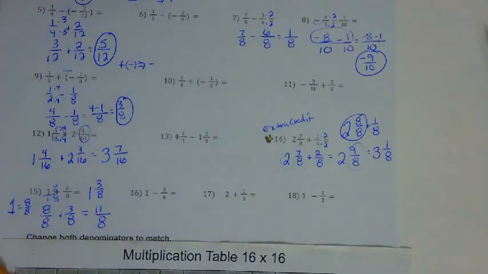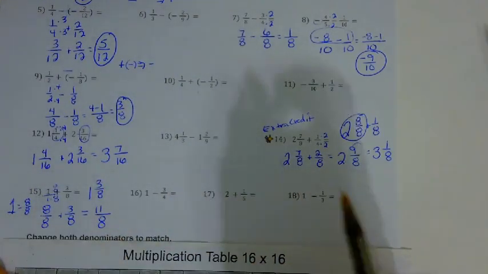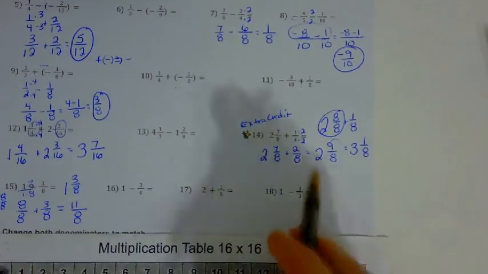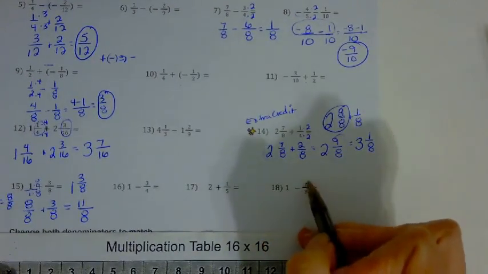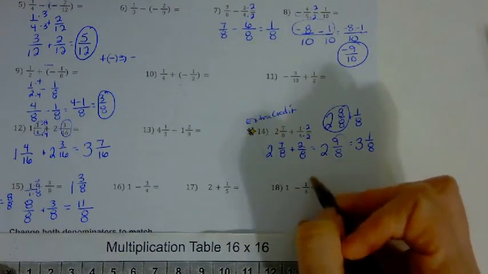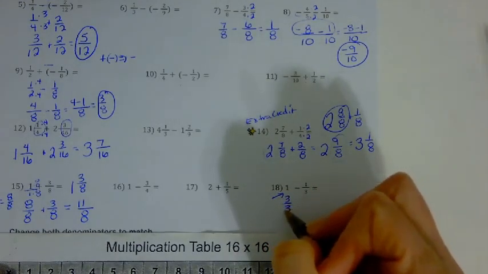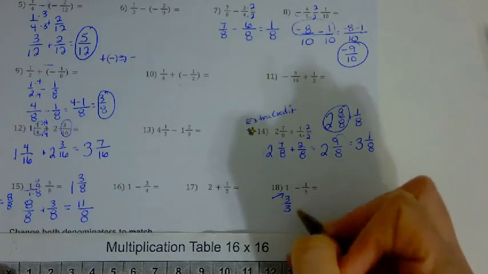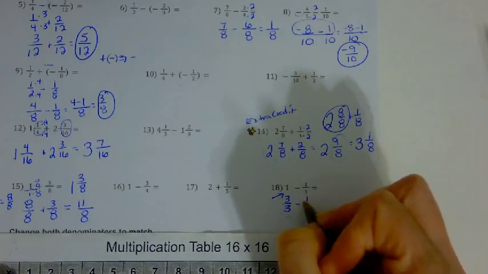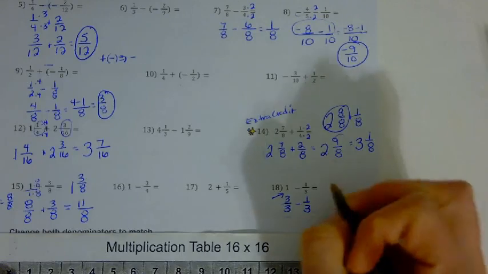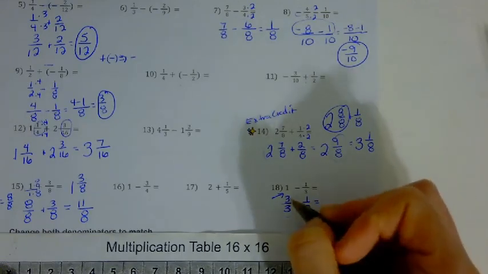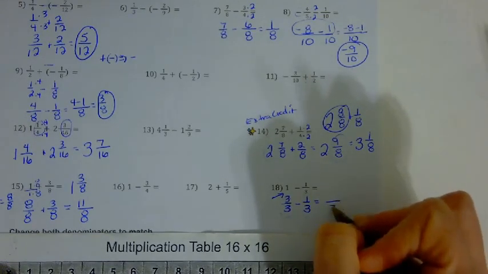I'm going to do another one now. I'm going to do number 18. So here we have 1 minus a third. So this is in thirds. So we're going to rewrite this 1 as 3/3. That means 1 whole 1. We're going to subtract a third from that. And so we have 3/3 minus 1/3. So 3 is on the bottom, and 3 minus 1 is 2.